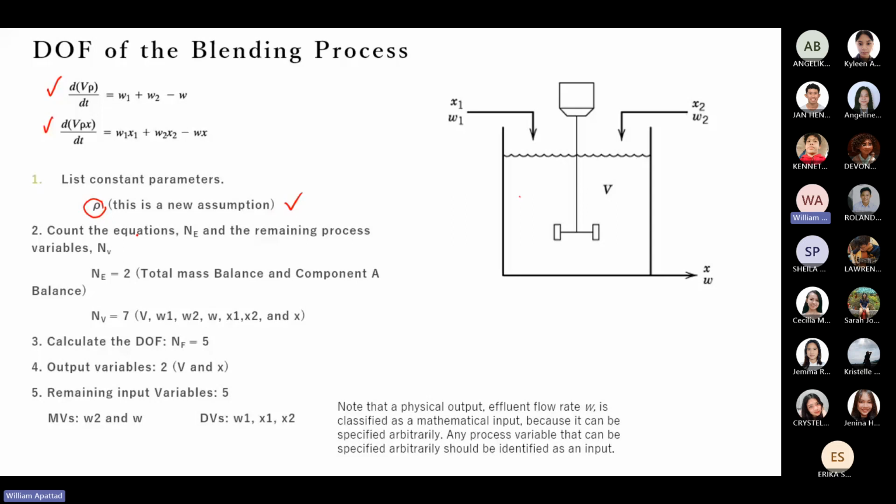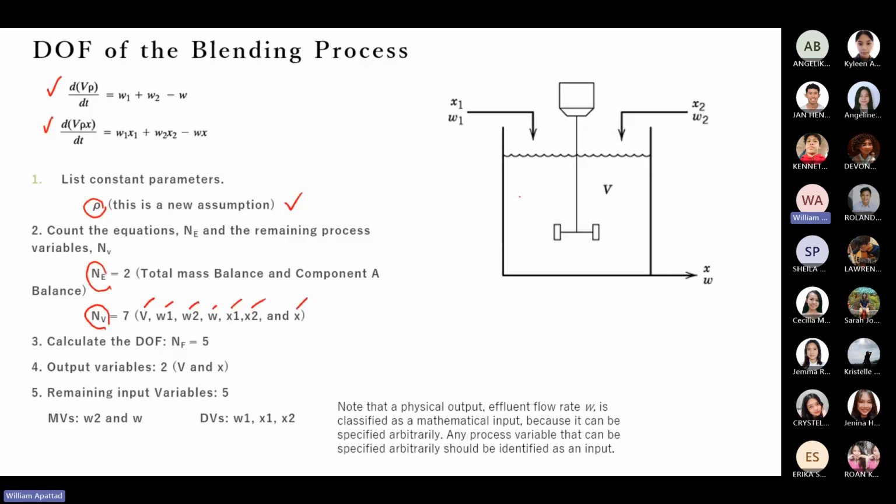Okay, count the equations and the remaining process variables. So we have two equations, the total mass balance and the component A balance. We have 7 variables: we have volume, we have flow rate 1, this is coming in to our system, flow rate 2, we have the overall flow rate, we have our x1, x2, and x.